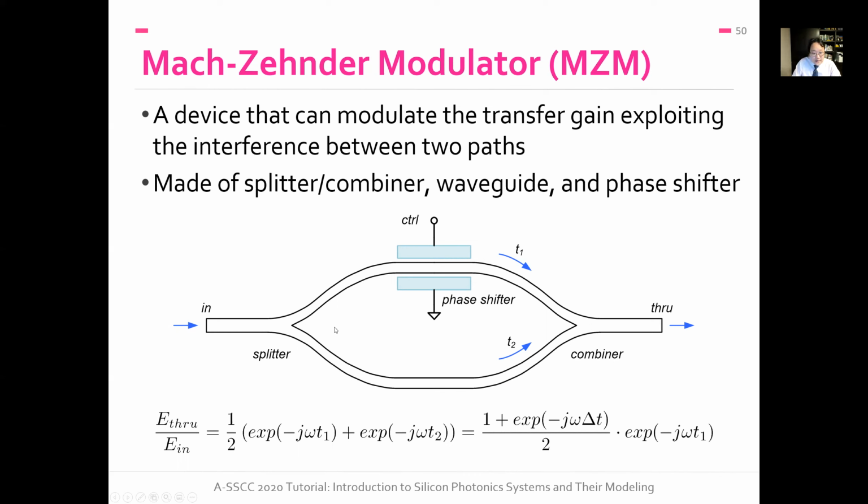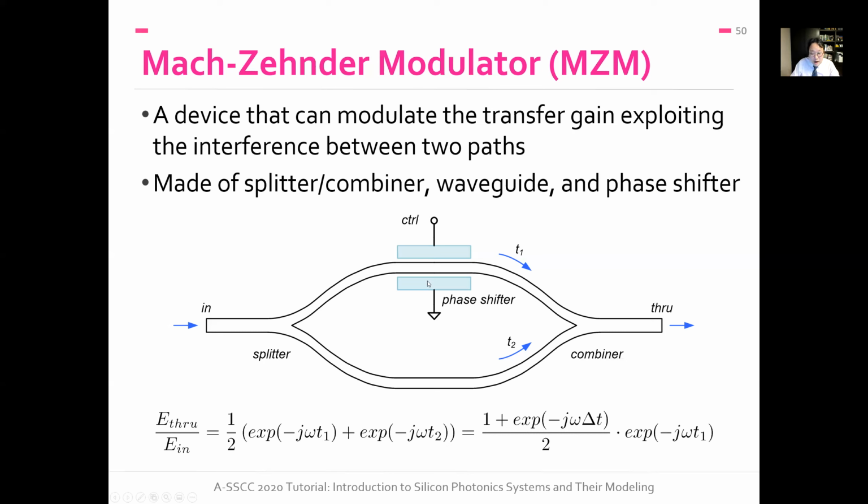The way it works is that you take the input laser light and split it into two paths. If these two paths have the same length or the same propagation delay, after they get combined, they have the same phase, and you get the original signal back because they add up.